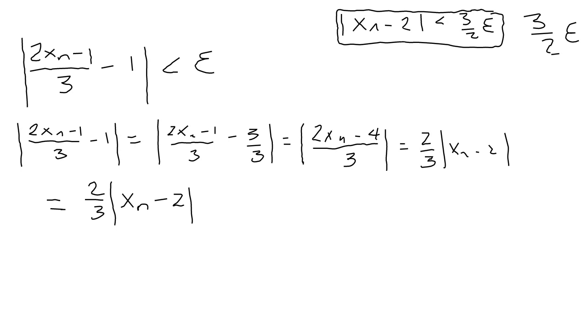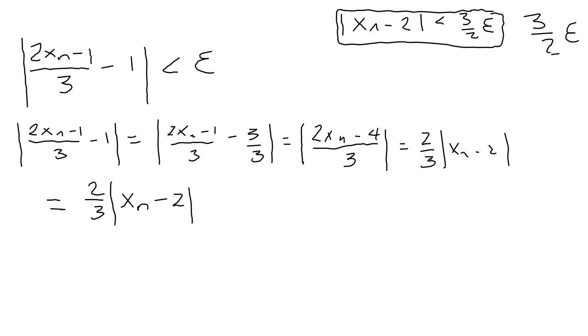We're going to let it be less than what? Epsilon. Not epsilon. See, I circled up at the top, which was the particular N. 3 over 2 epsilon. 3 over 2 epsilon.